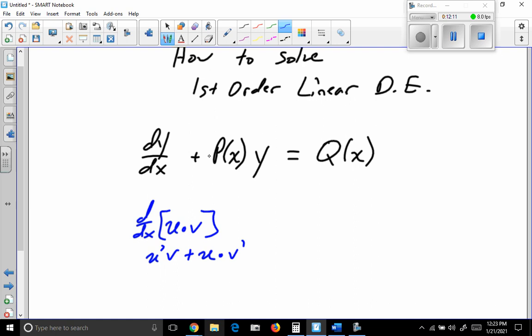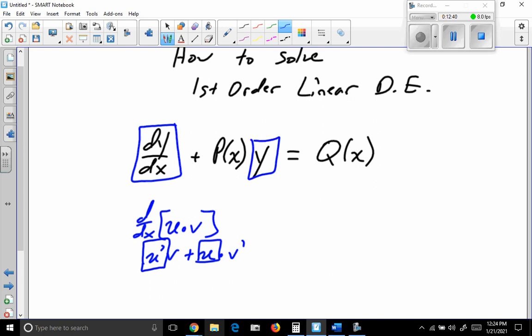So, can we make this relate to this? When we do the derivative of this, we have one term that has the derivative of one of our factors. So here is the derivative of one of our factors. And then in the other term, we have that same variable, but not the derivative of it.